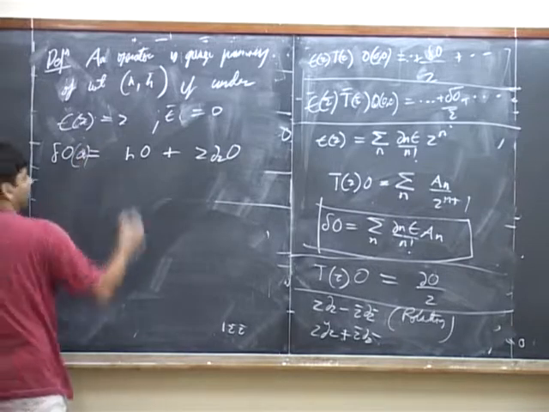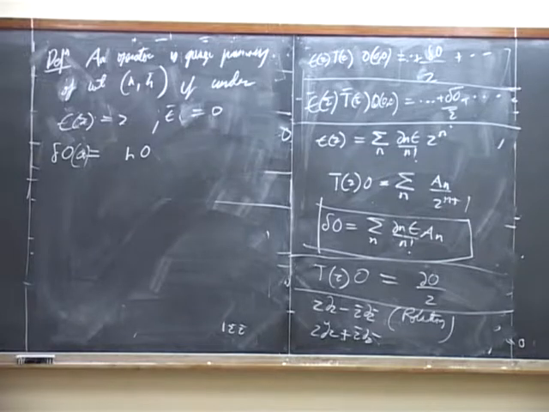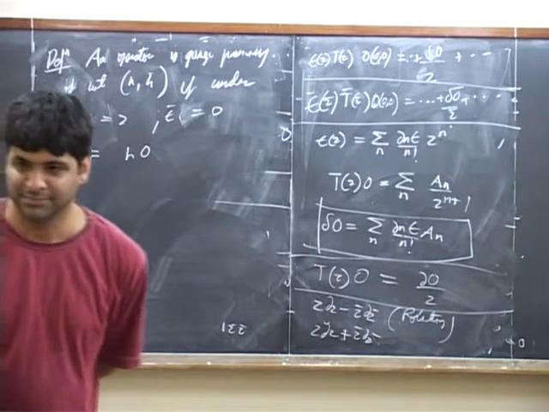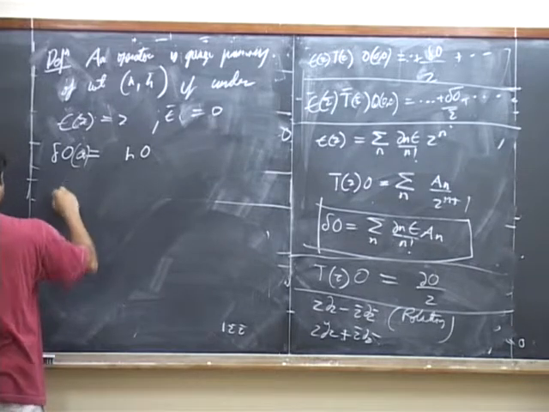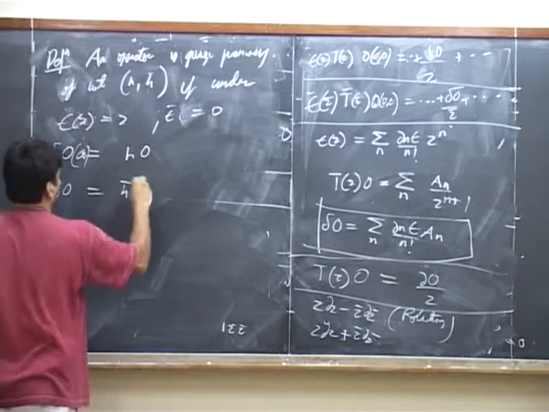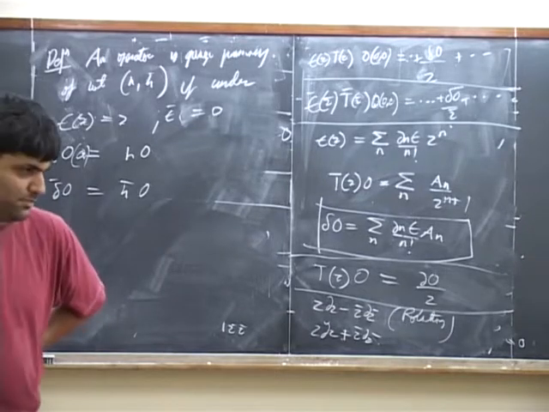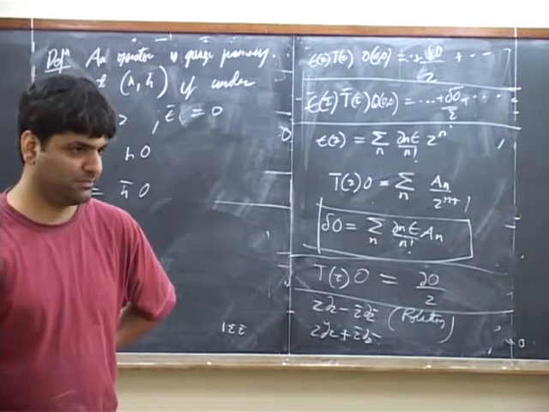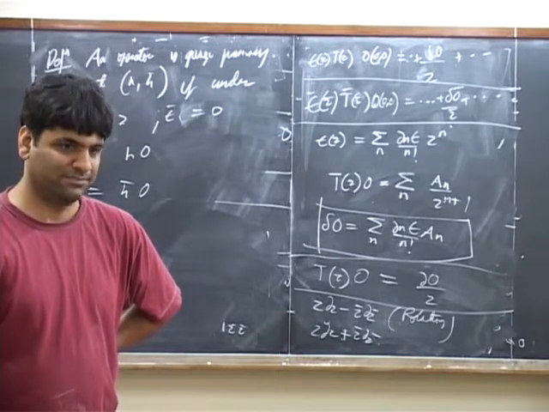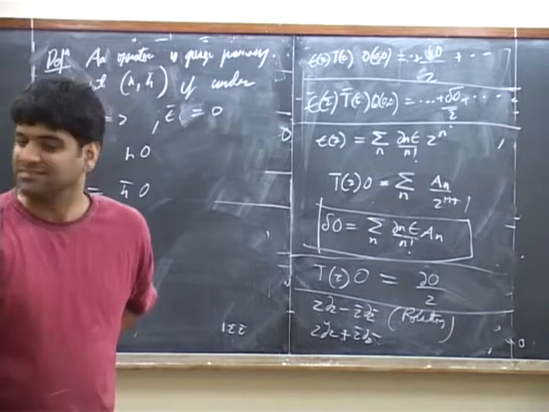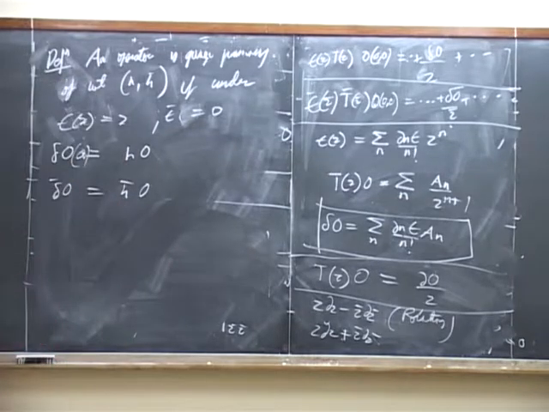So δO at 0 is equal to this. Okay, and similarly δ̄O is equal to h̄. Is this clear? Okay, this is a definition.